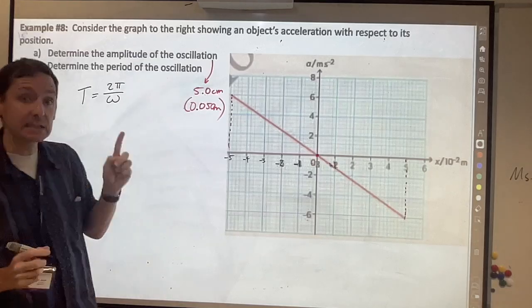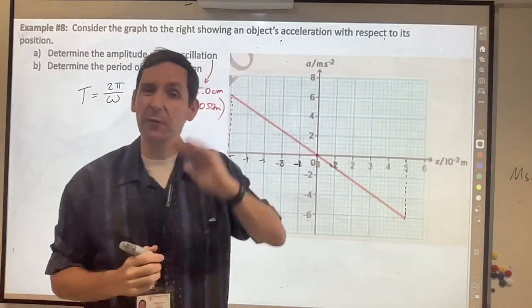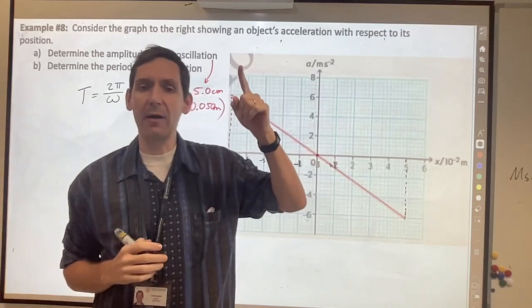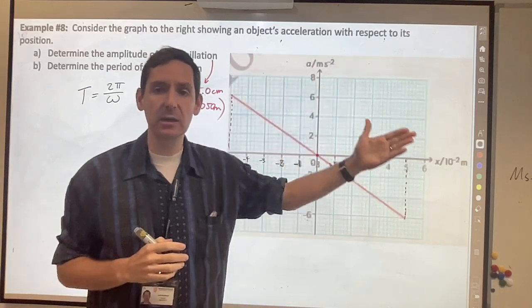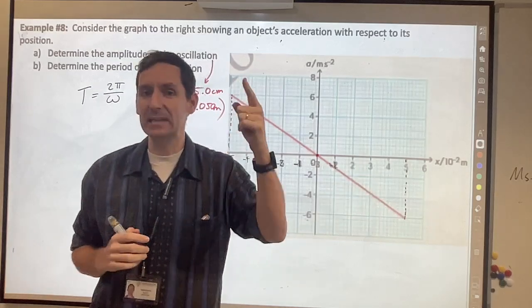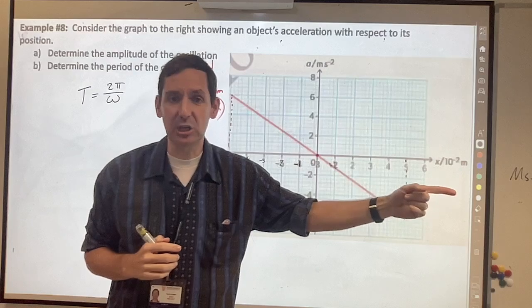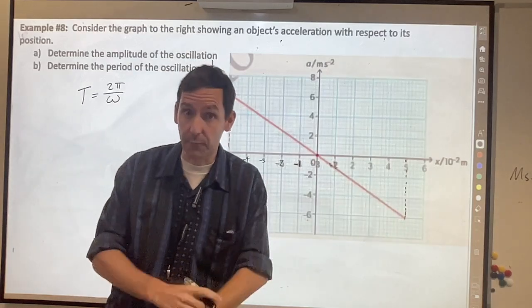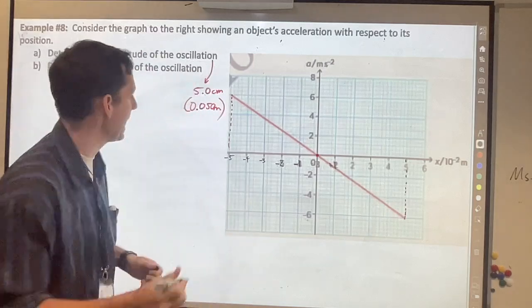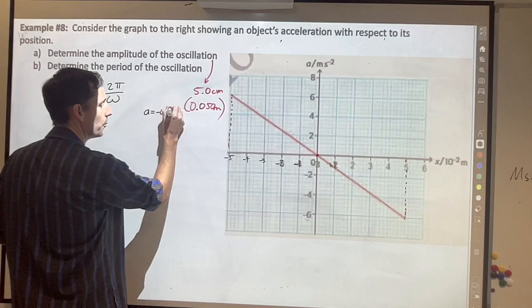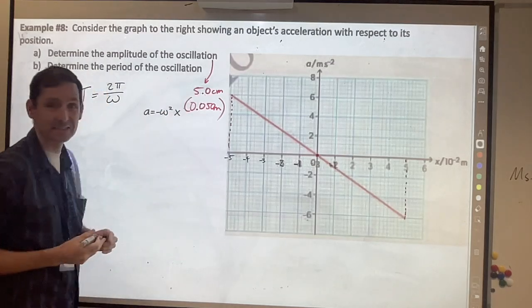Now I chose this one. It's also equal to 1 over frequency, but I chose this one because my graph has acceleration and position. And I know that there's a second equation that connects acceleration, position, and the omega. That's the first equation in our formula packet, which is that a is equal to negative omega squared x, right?